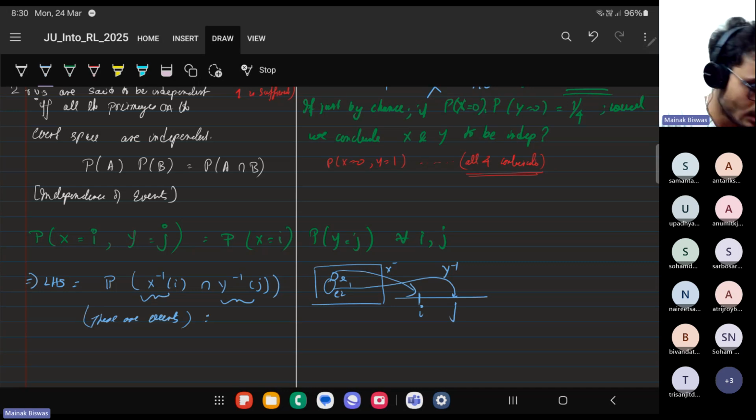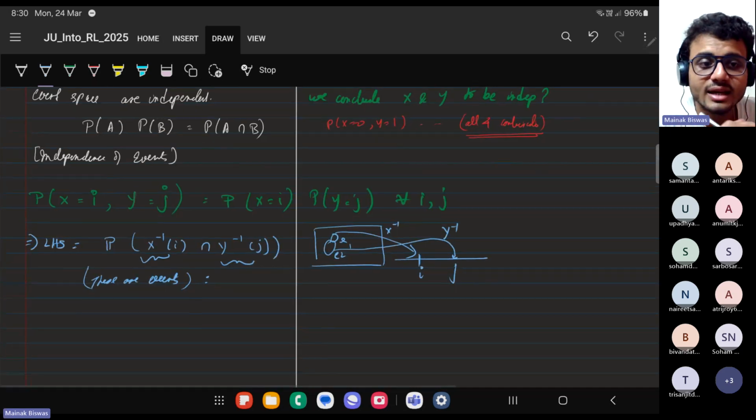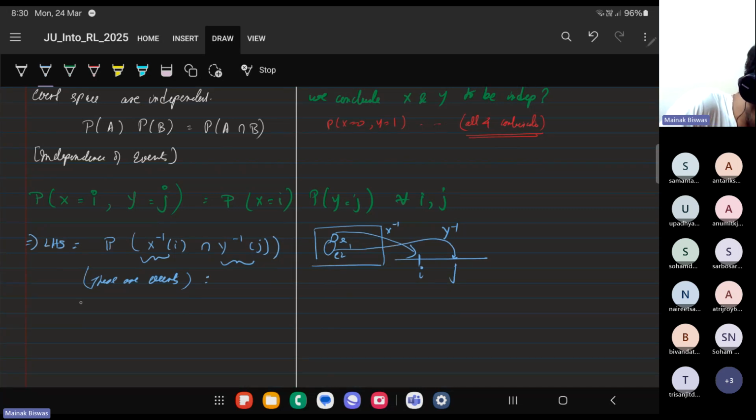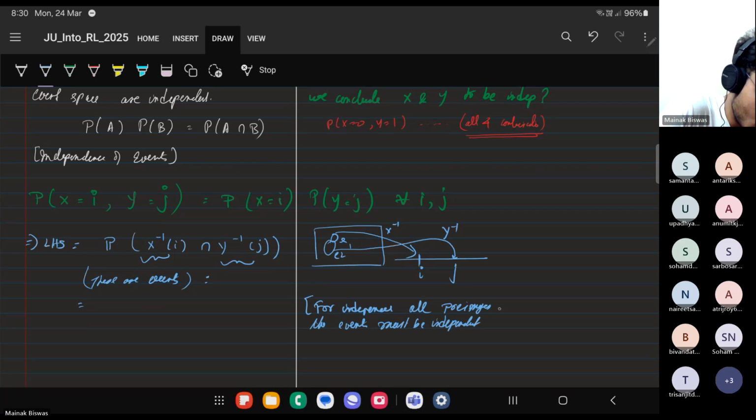That's the idea. So now I am saying that in this setting, all these intersections must be equal to, for independence of random variables, all the events, the pre-images, that is the events must be independent.